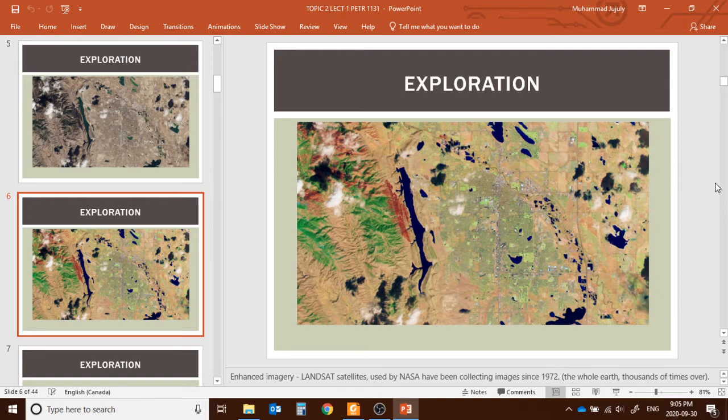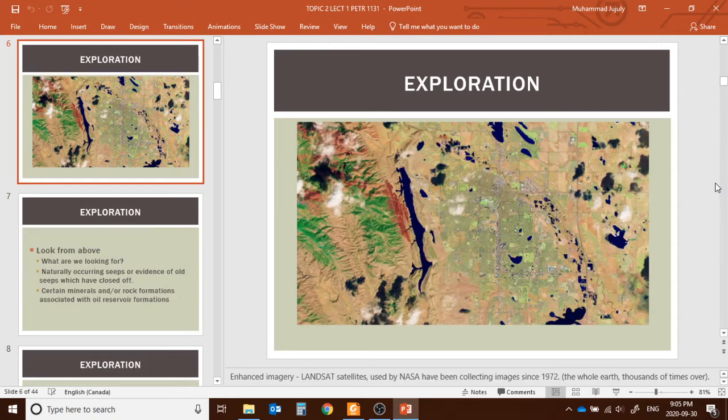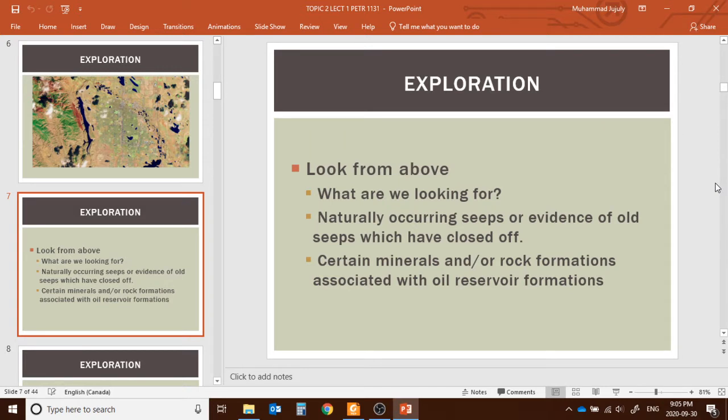From above, what we look for is naturally occurring seepage, or evidence that any kind of seepage happened before, or certain types of rock formation, so that we can narrow down our search.